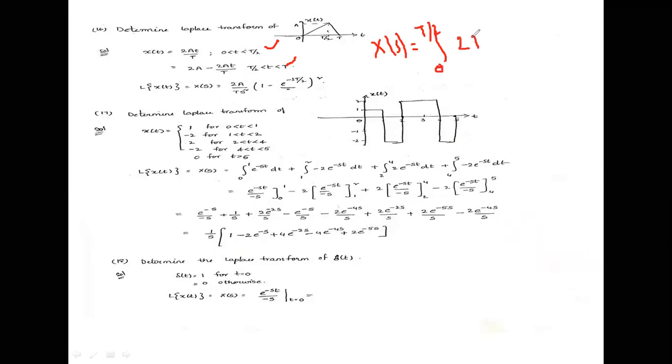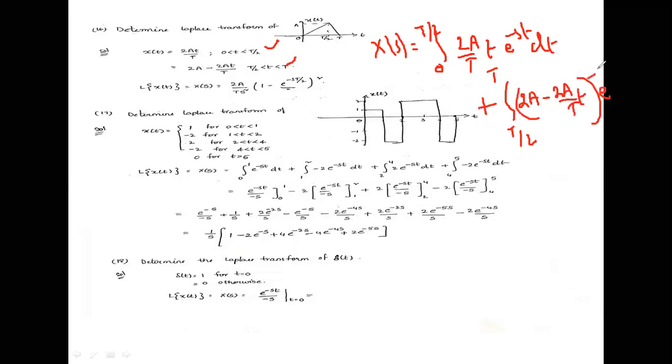The 2a by capital T and the small t, e power minus st dt, plus another integral we have, from T by 2 to T. What is the x of t? The 2a minus 2a by T into t, e power minus st dt.